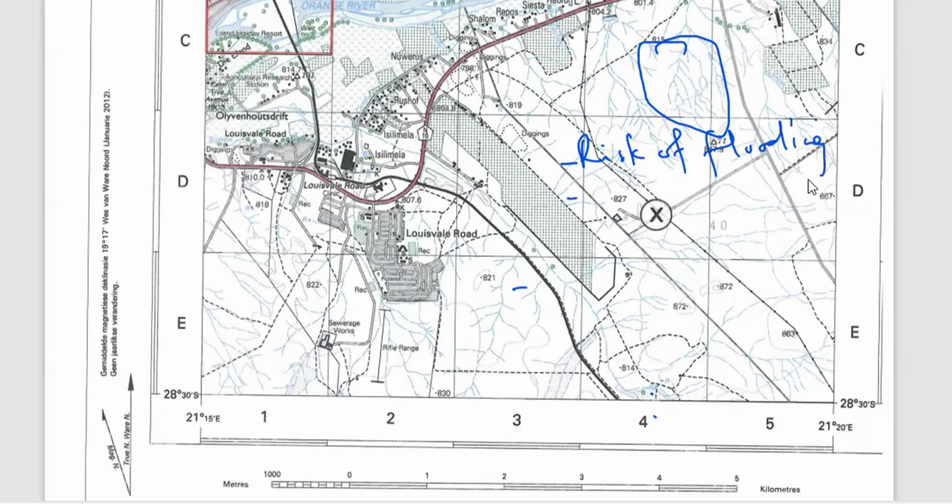And also, we can argue that there can be limited water supply in the dry season. Why? Because all the streams that we are seeing here are non-perennial.